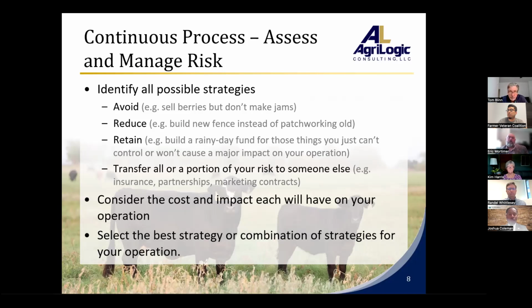If you're a fresh fruit producer, one way of eliminating some risk associated with food safety is to just sell the fresh fruit. Don't process it. Don't make jams and try to sell those jams at a roadside stand, as you might increase your risk of introducing pathogens into the jams during processing.